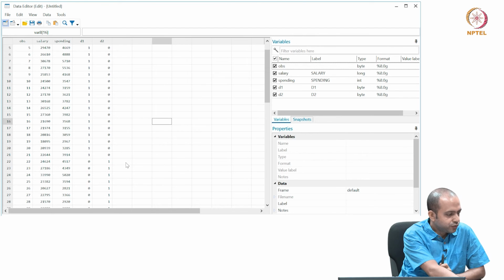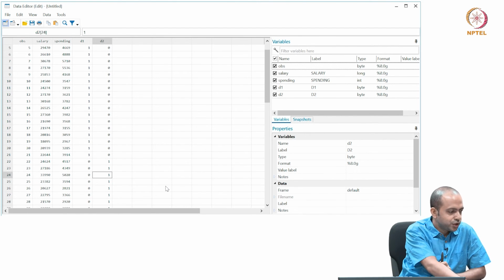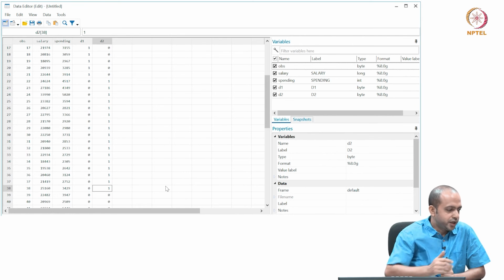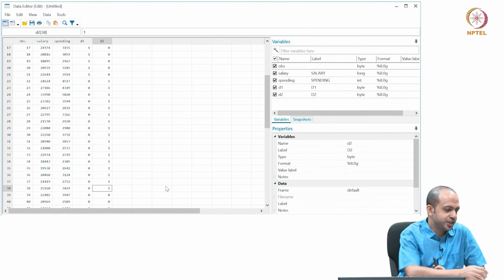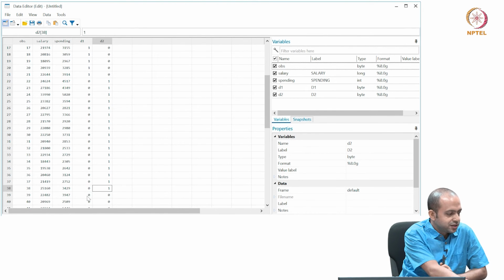Now, you see from 22, D2 takes the value 1 and it goes up to 38. So, from 22 to 38, D2 takes the value 1, that means these states are coming from the southern region. And after that, starting from the 39th state, both D1 and D2 take the value 0.